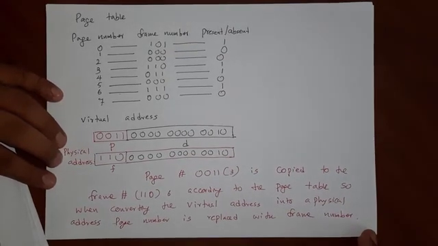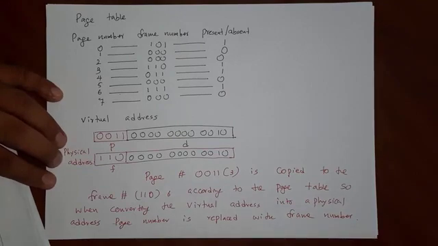Page number is replaced with frame number. Offset is copied directly.